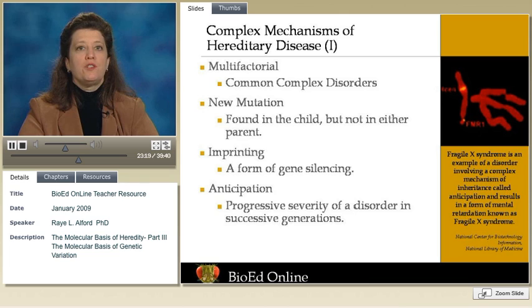Examples of disorders associated with imprinted genes include Angelman syndrome and Prader-Willi syndrome. These disorders can also be caused when errors in meiosis result in a child who inherits both copies of his or her chromosome 15 from a single parent. This results in inheritance of only imprinted copies of the gene. This phenomenon is called uniparental disomy, or UPD.